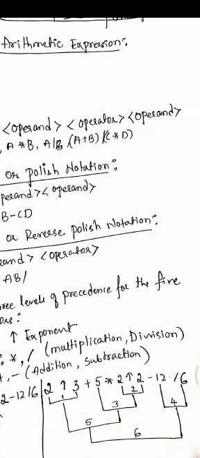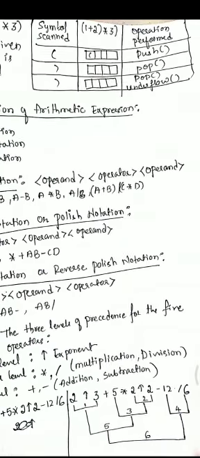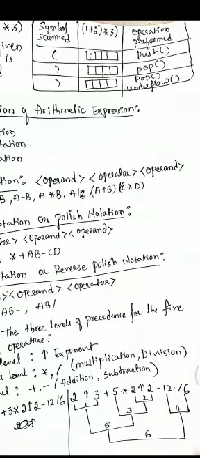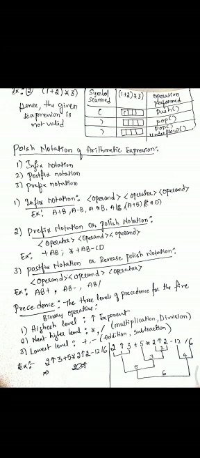Now 12 by 6 is evaluated, and the expression becomes 8 plus 20 minus 2. Next 8 plus 20 is 28, minus 2, which equals 26. Once you have evaluated this expression, the result you get is 26.